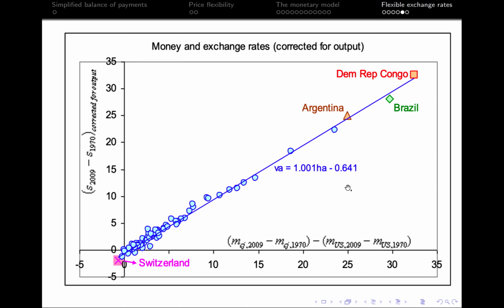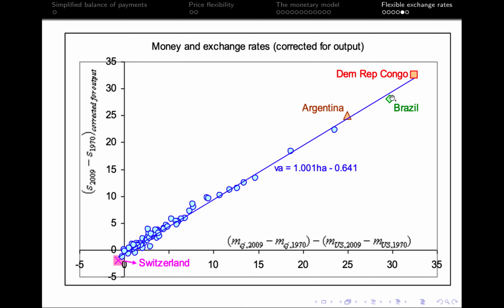We can also see over here that when the differences in money supply growth rates are very small, like in case of Switzerland, exchange rates between US and Switzerland stay more or less at the same level, so it's very close to zero.